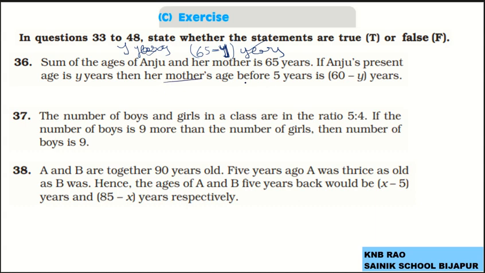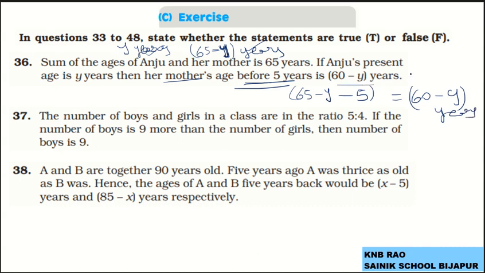Her mother's age before 5 years means from 65 minus y I have to take away 5. On simplification, 65 minus y minus 5 gives you 60 minus y years. So, that is what it says, that means it is true.